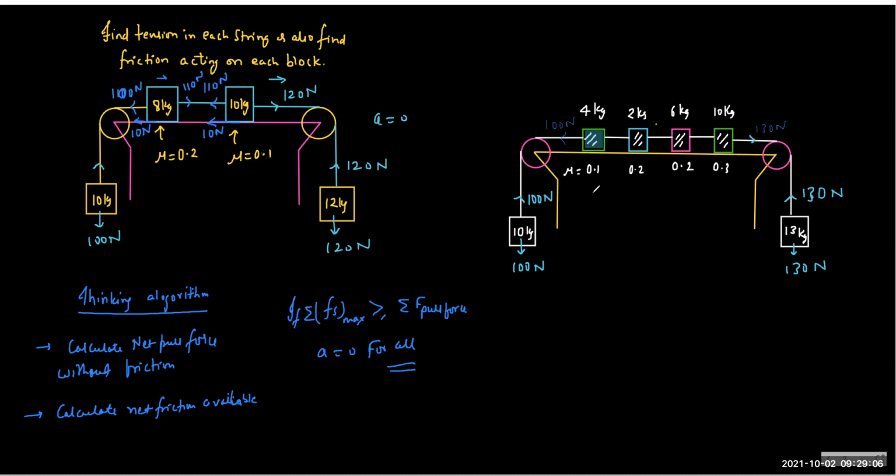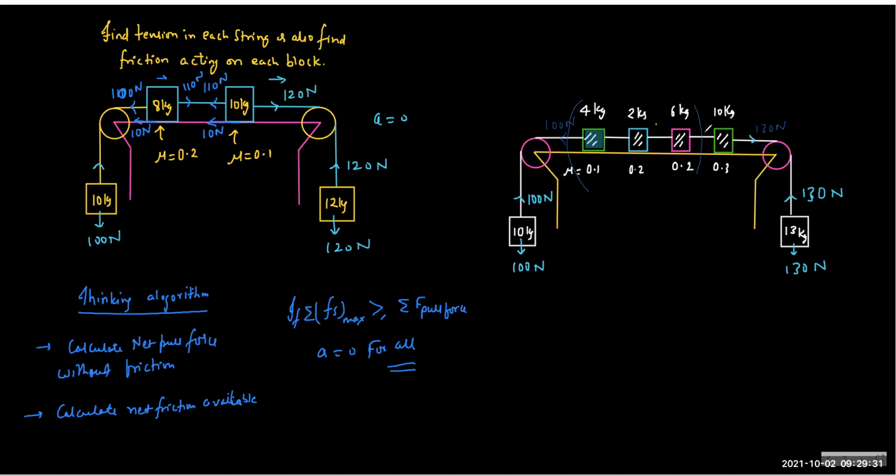Okay. So we have to analyze one by one. So we have to analyze this, cut this part. So if you add all friction forces here, how much is that? 12 plus 4, 16 plus 4, 20 Newton. So net friction force is 20 Newton.